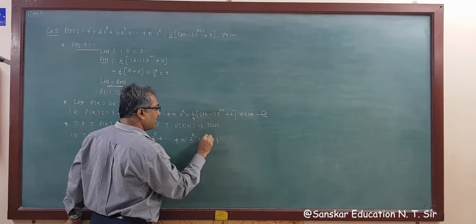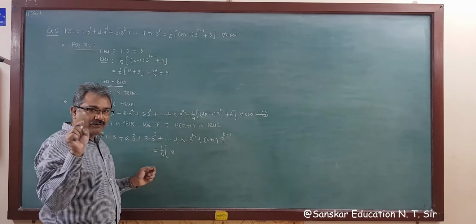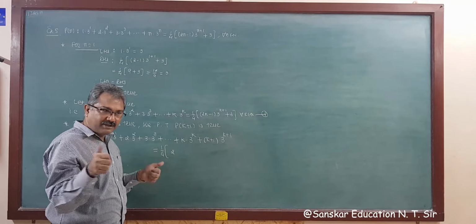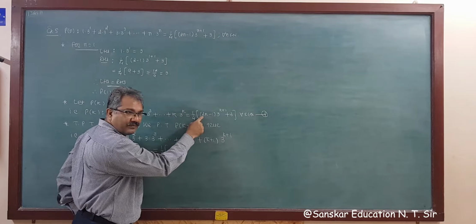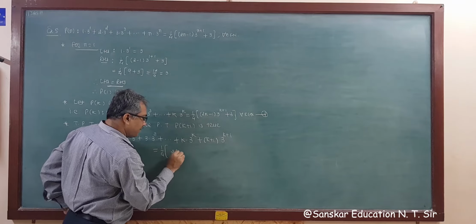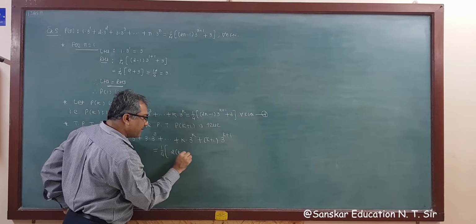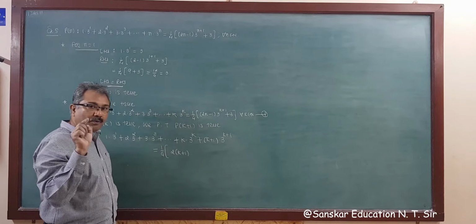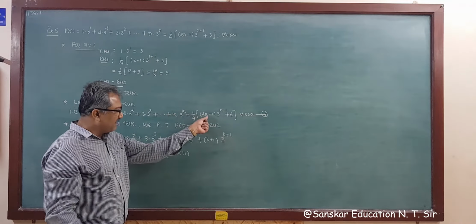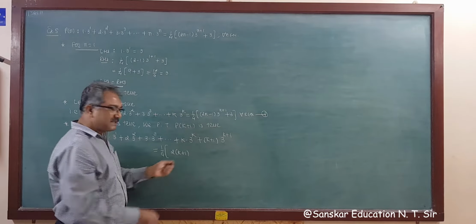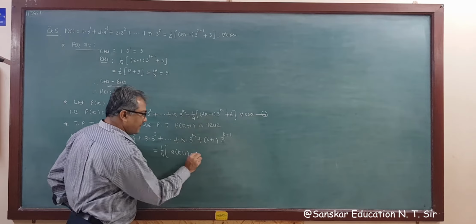1 upon 4. This is 2. Now be careful. Be careful. This is 2. Now we are replacing k by k plus 1. Use proper brackets. We are replacing k by k plus 1 minus 1.